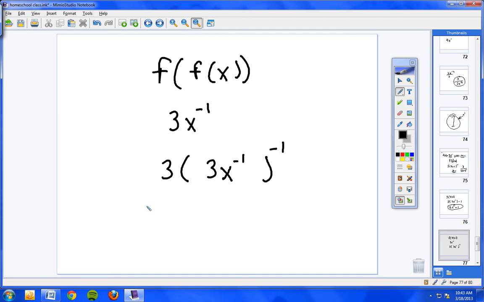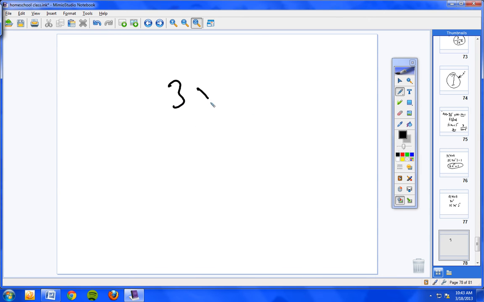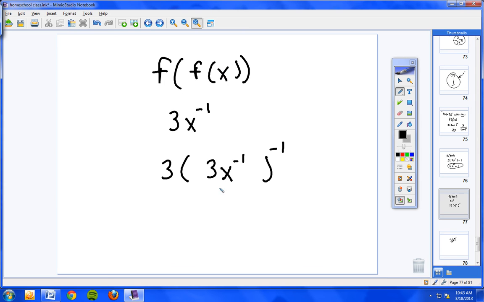Are we good? Now, guys, please look. Michael, Chase, look. Please look up here at the screen. If I had 3x squared like this to the 5th power, you wouldn't multiply 3 times x squared first. You would not do that. You would do your exponents first. So look at this problem. You don't take 3 times 3 first.